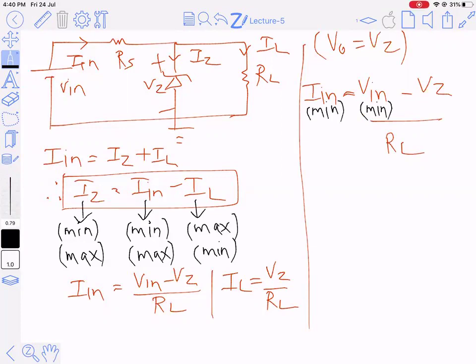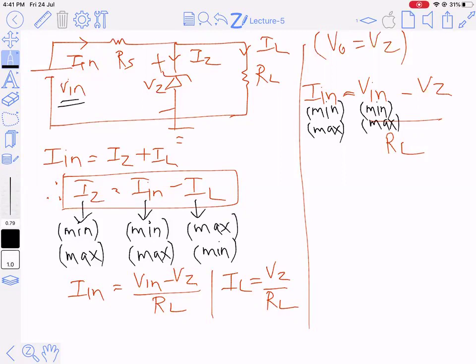If the supply voltage is less, it will produce less current. Similarly, when In is maximum, your Vin is maximum.